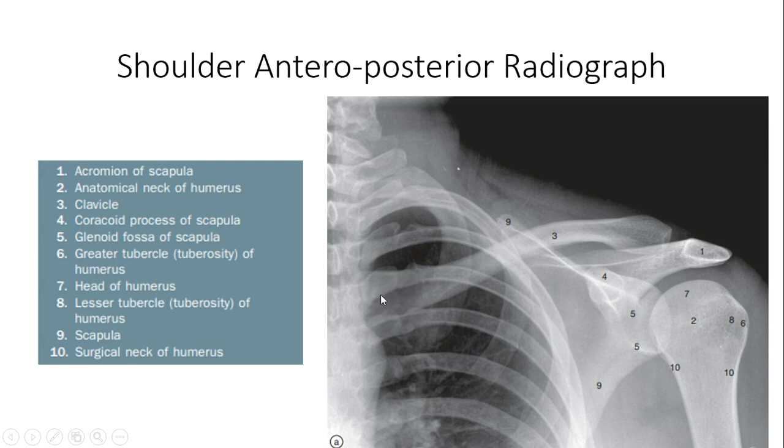The distal end of the clavicle articulates with the acromion of the scapula, forming the acromioclavicular joint. The scapula is the bone on the posterior aspect of the chest, and on the lateral side it has a cup-shaped cavity which forms the shoulder joint along with the head of the humerus. Humerus is the long bone of the arm.